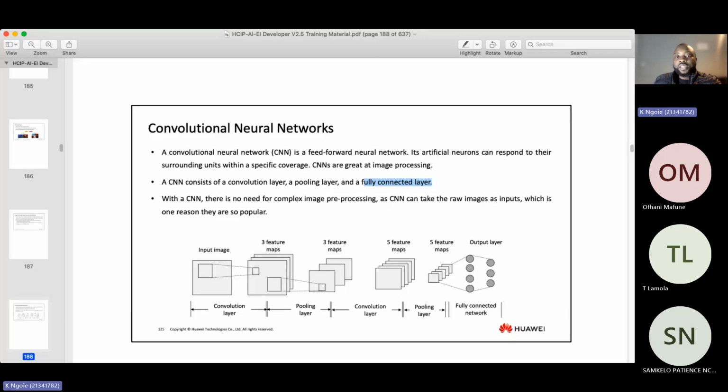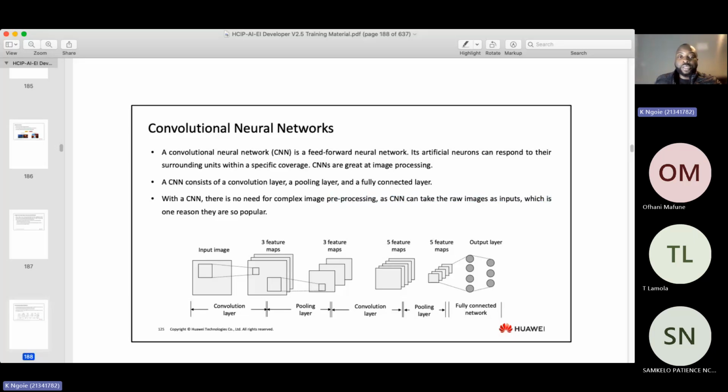So with a CNN, there is no need for complex image pre-processing, like really changing a lot of things on the images, because the CNN is going to help us, especially with different layers. So a CNN can take raw image input, which is one of the reasons why they are popular. So the CNNs are popular because we don't have to go through the pre-processing of images.